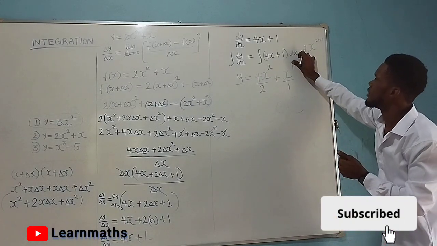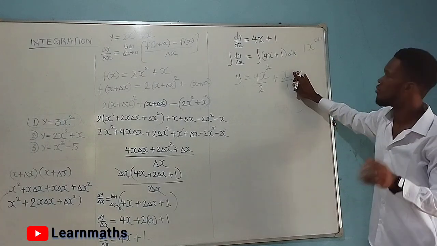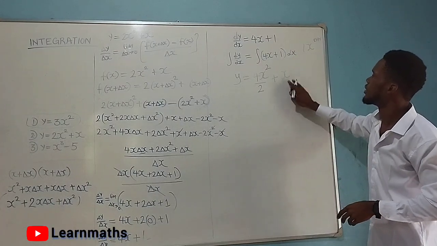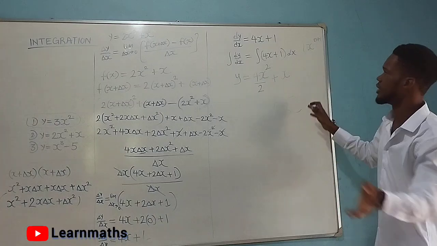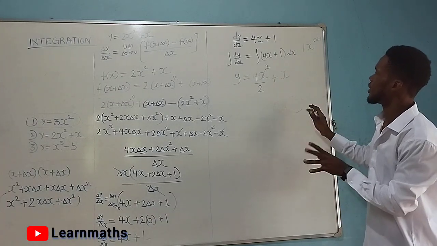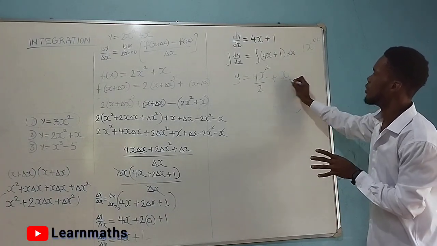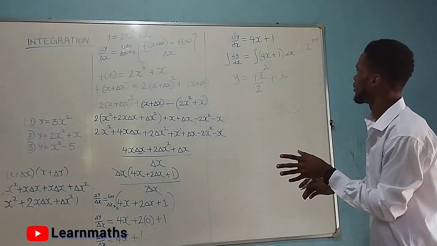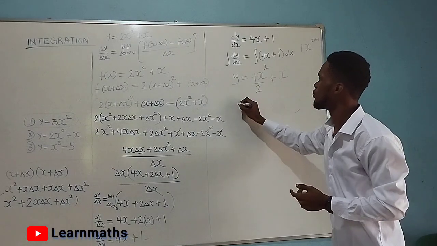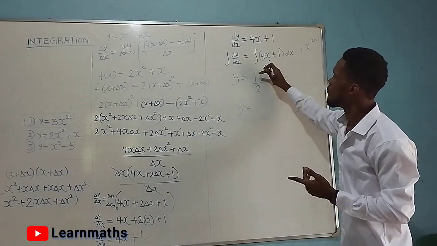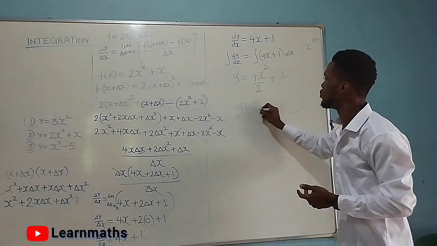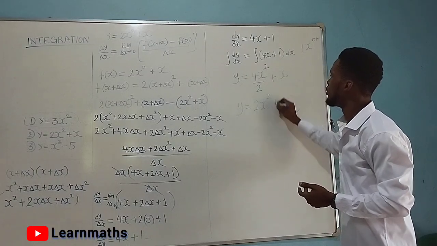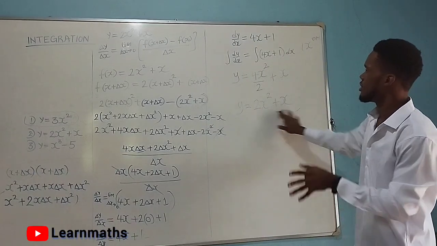Usually we don't represent the power of 1 or division by 1, but you should notice the presence of 1 here, the power of 1, and we divide with 1. So finally, y is going to be equal to 4 divided by 2, that's 2, so 2x squared plus x, which is the final answer.